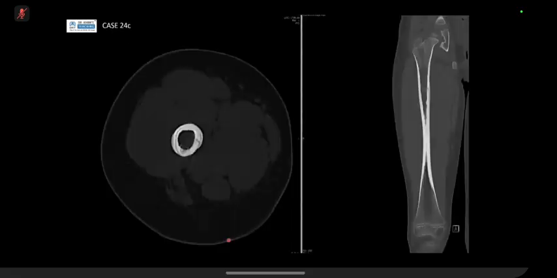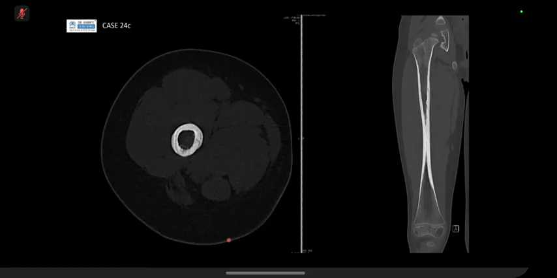On this axial and coronal CT scan, I see that there is diffuse cortical thickening in this proximal femoral diaphysis, having a bone-within-bone type of appearance.